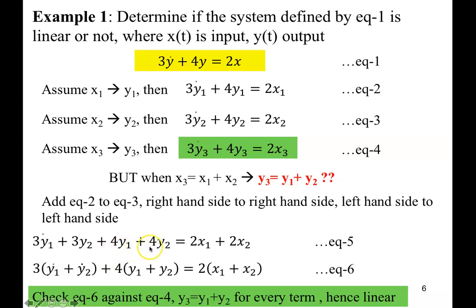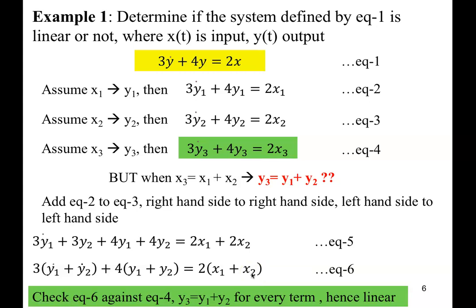For the next two terms, 4y1 plus 4y2, there's a common factor of 4, so that becomes 4 times (y1 plus y2). On the right-hand side, I have a common factor of 2, so I take the 2 out of the bracket and get 2 times (x1 plus x2). That gives me equation number 6.